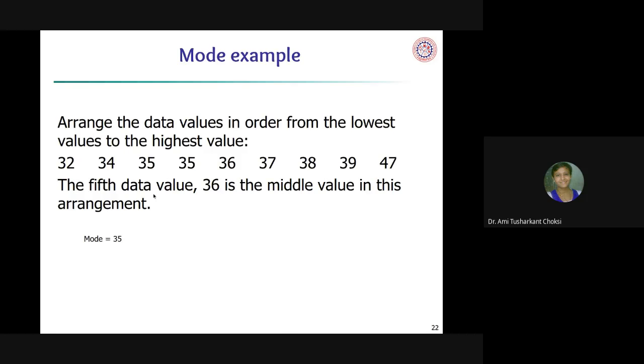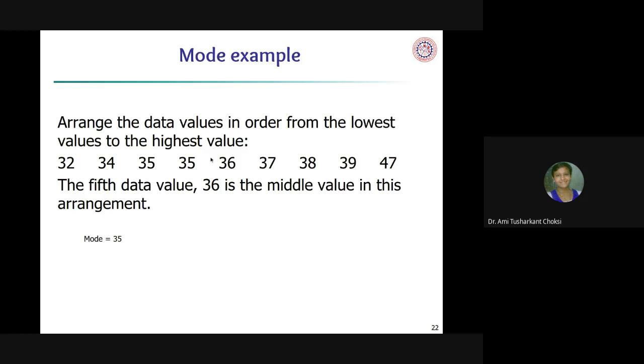Here the fifth data value, that is 36, is the middle value in the arrangement. 1, 2, 3, 4, 5, 6, 7, 8, 9. So this 36 is the middle value, but that is what is called the median, right?